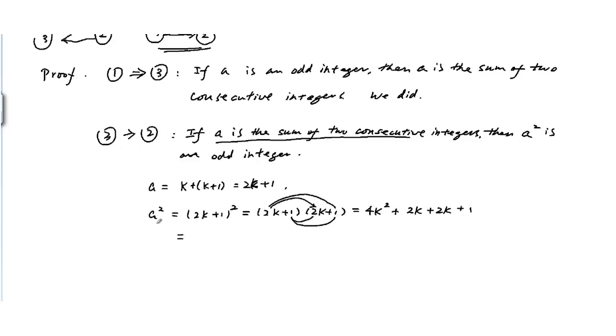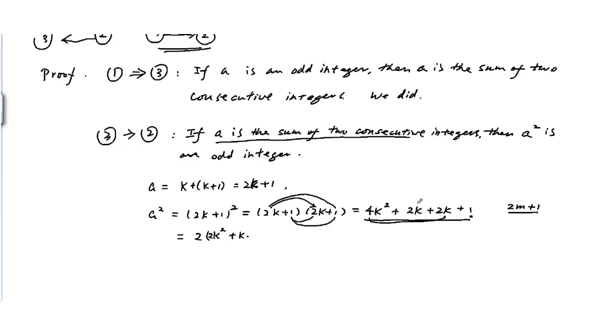So if we want to show this is an odd integer, then we need to write it in the format 2m plus 1, right? Because this is the general format of an odd integer. So that's pretty easy. You keep the 1, and for this group you just factor out 2, and that becomes 2 times (2k squared plus k plus another k).